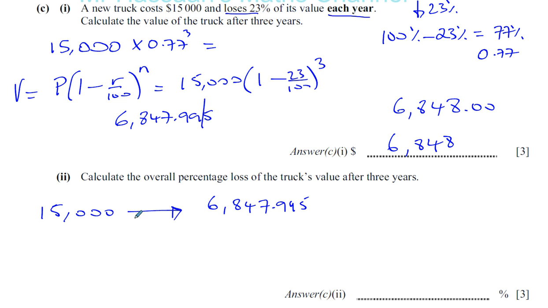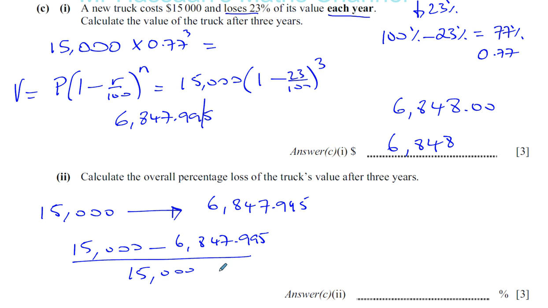Okay, so to find the percentage loss, you find the difference. So 15,000 minus 6,847.995, and then you always divide by the original value, which is 15,000. This is where people mess up. They don't know what to divide by. They just decide with a lucky bag, they just guess.